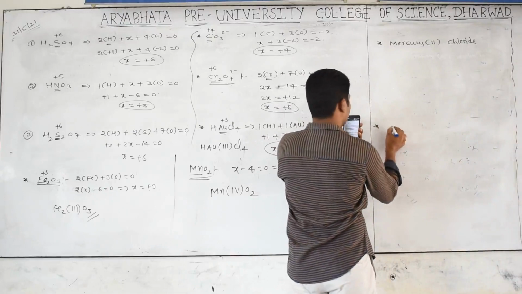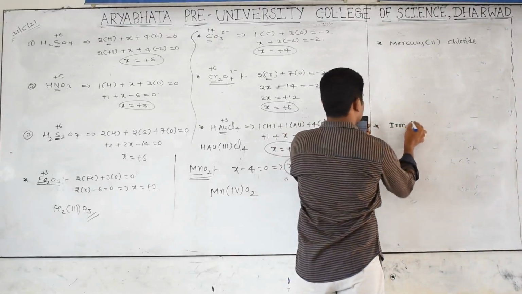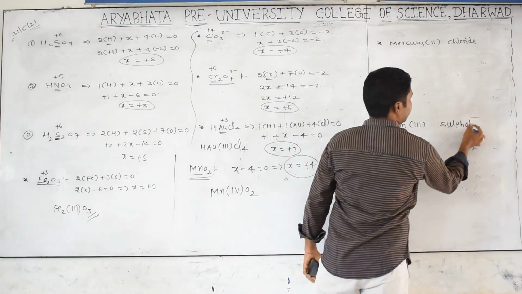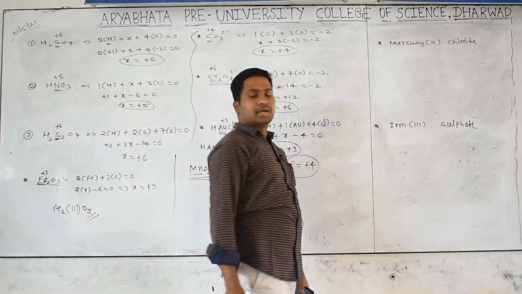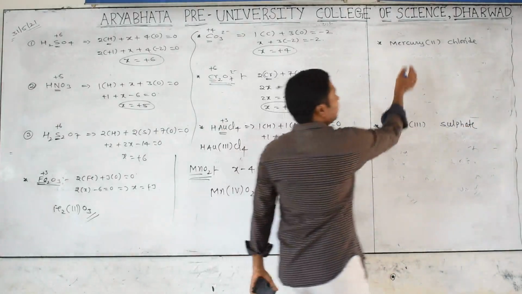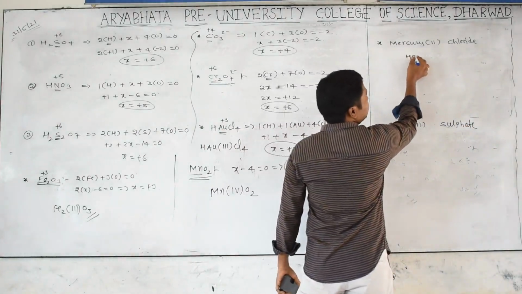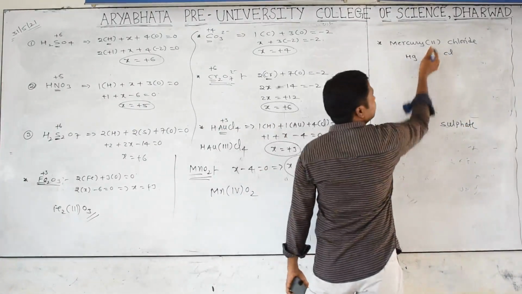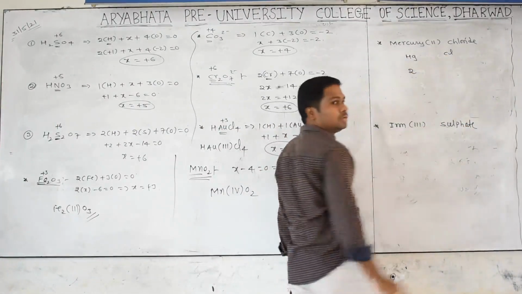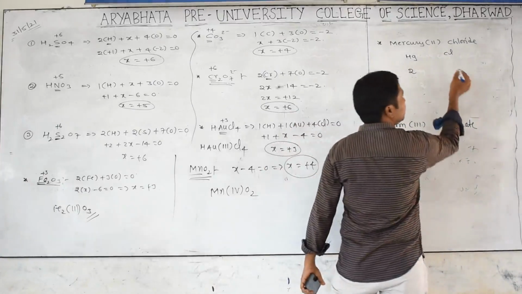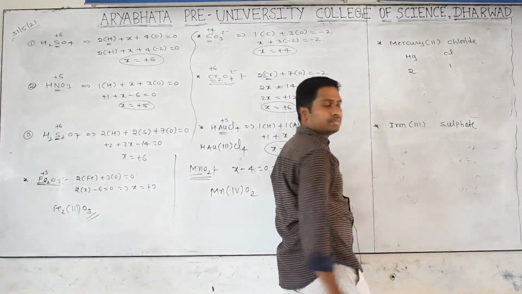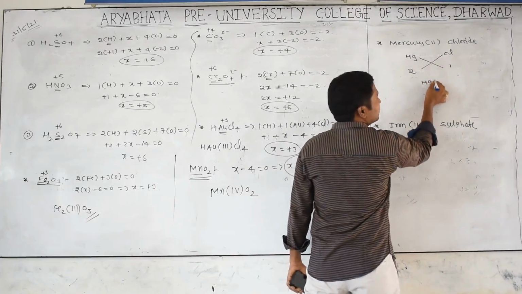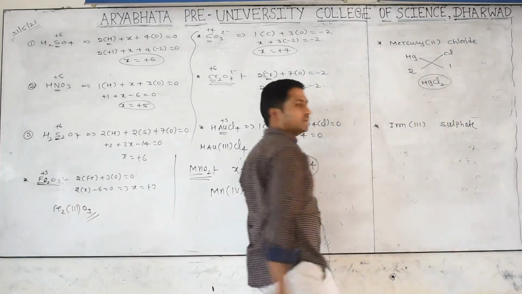I will tell you one more: iron(III) sulfate. Yes, these are all important from the competitive point of view. Names are given and symbols are asked. Mercury symbol is Hg, chlorine symbol is Cl. Mercury oxidation number is given as 2. For chlorine the oxidation number sign is not required, write down 1. Then do cross. What are you getting? HgCl2 is the formula of that one.